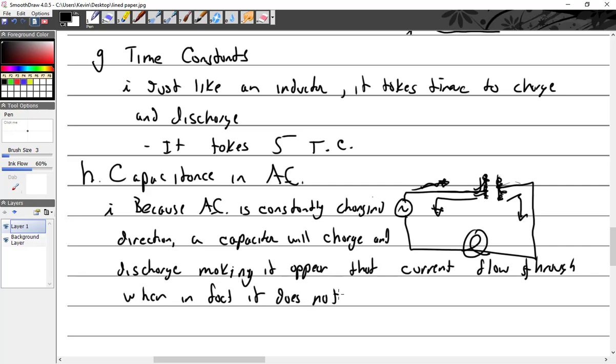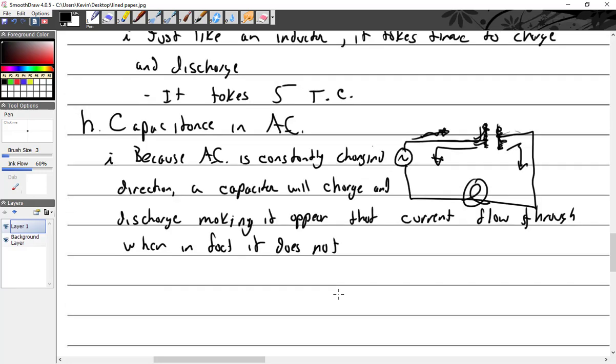It looks like it does. So you can put a capacitor in series with AC and it's going to work just fine.